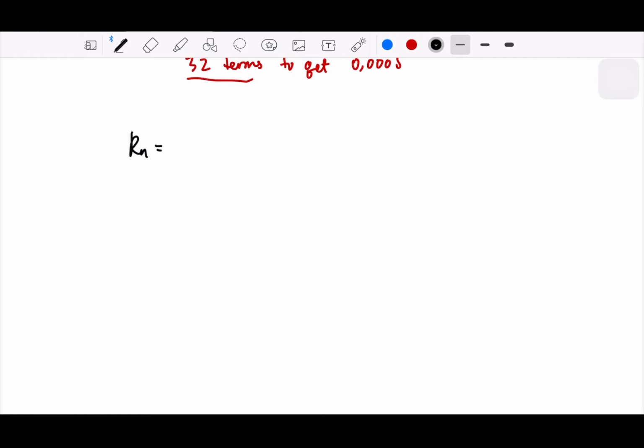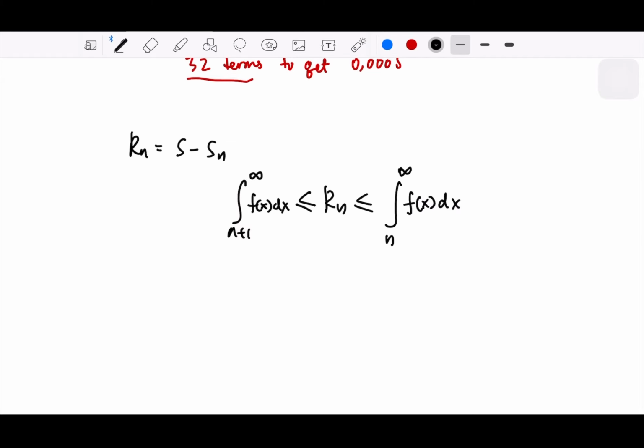if our Rn is the difference S minus Sn, and our Rn is in between these integrals, another way to write this inequality is to add Sn to all sides of the inequality.